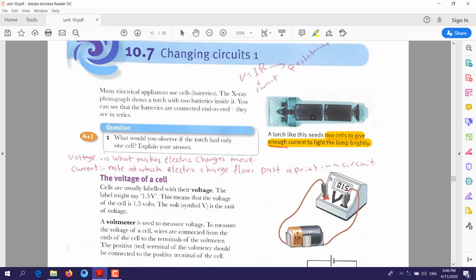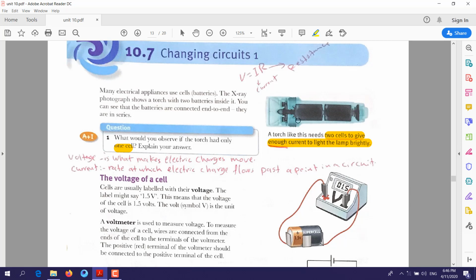What do you think will happen? Here the question says, what would you observe if the torch had only one cell? Explain your answer. Of course, if this torch has one battery, one cell, the lamp will not light up.